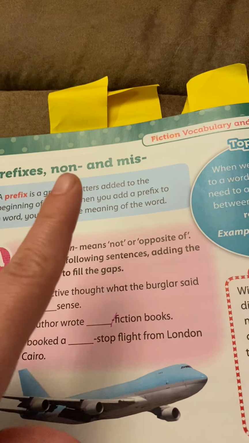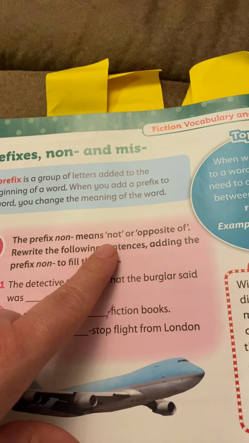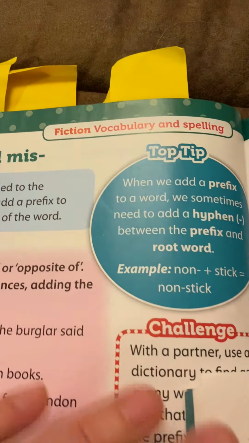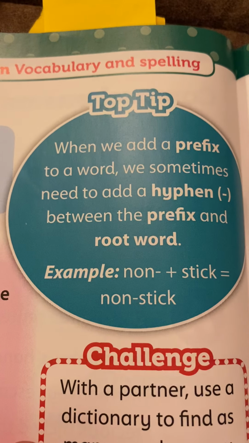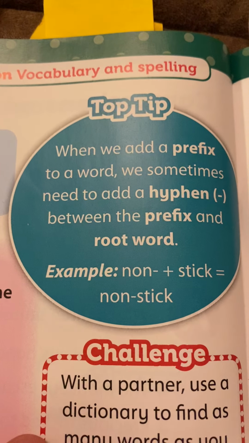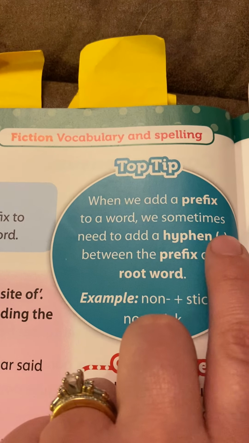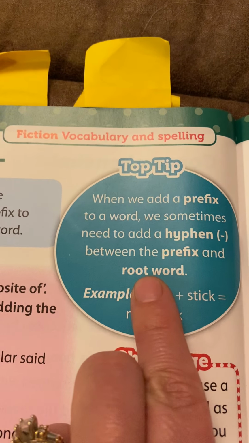In these exercises, you're also going to learn about something called a hyphen. And in your top tip, you have an explanation of what a hyphen is. It says sometimes when we add a prefix to a word, we sometimes need to add a hyphen. A hyphen is just a simple short line that's added between the prefix and the root word.